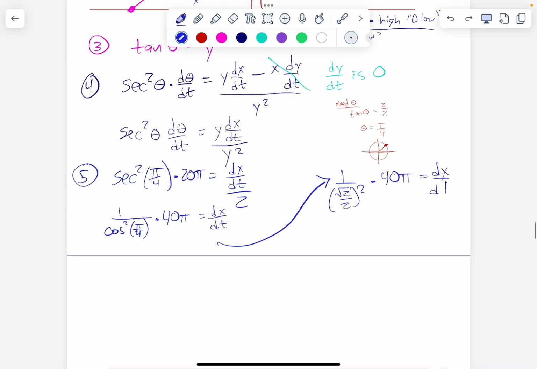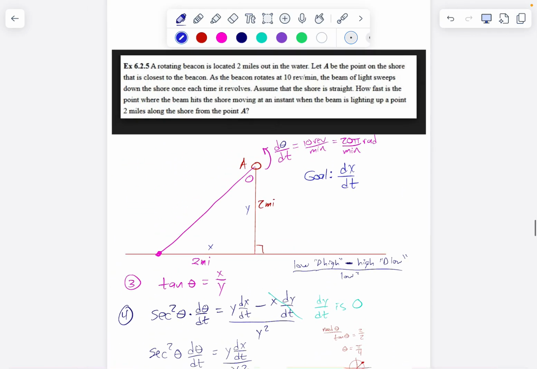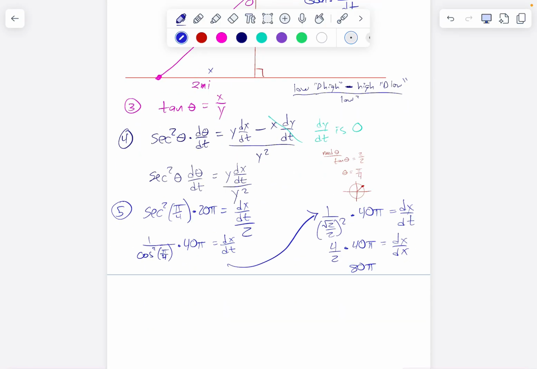All right. So this is 2 over 4 in the denominator. So if it's 2 over 4 in the denominator, it's 4 over 2 in the numerator. And we get 80 pi. What do we label that? Miles per minute. This thing is moving. Holy cow. That is a lot.